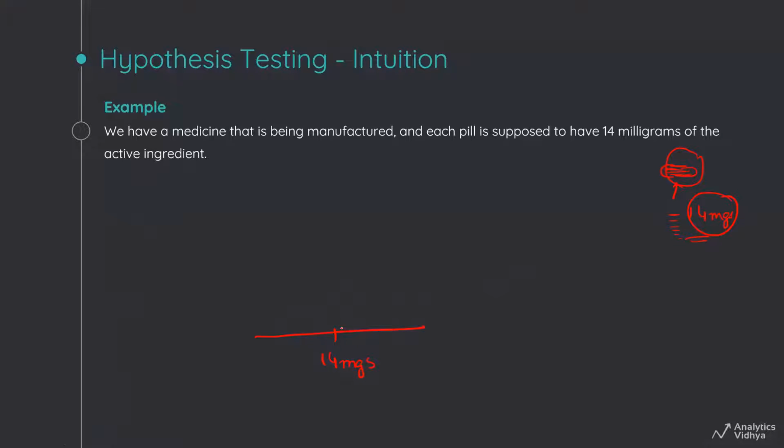There is a very good possibility that our manufacturing line is producing drugs with 14.01 or 13.95 milligrams. Even if the production line has small errors, most of the distribution would lie here, intuitively. And the probability that the production line is producing drugs with 18 milligrams or 10 milligrams is less, with a certain degree of confidence.